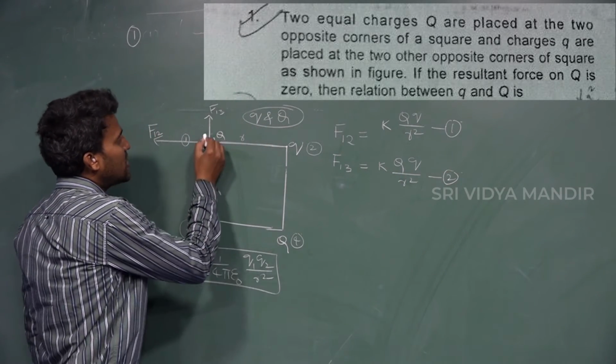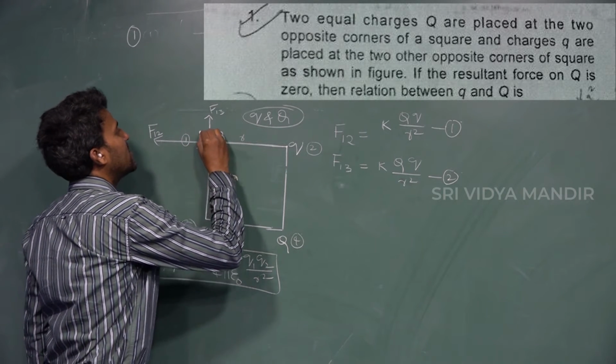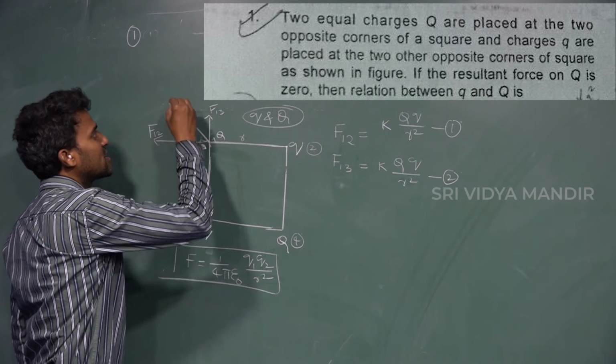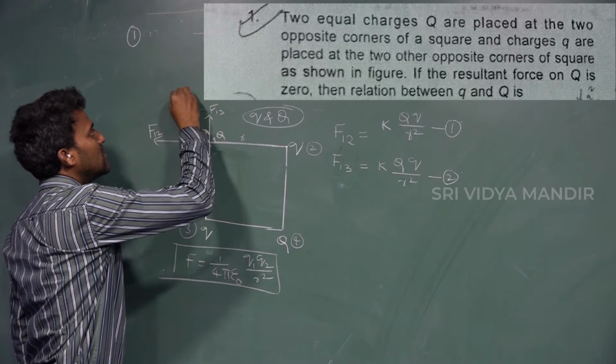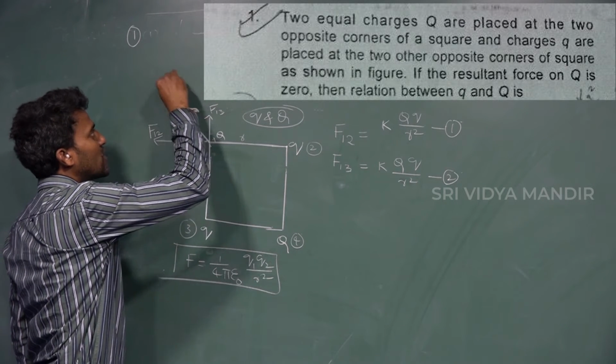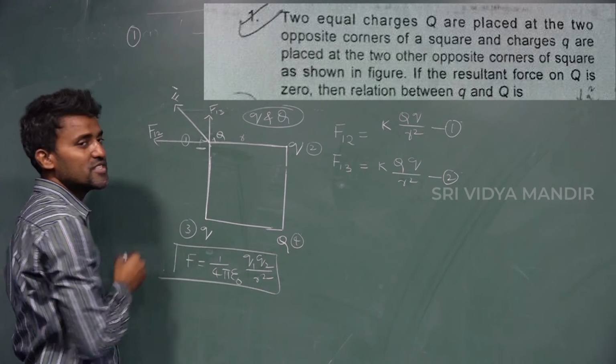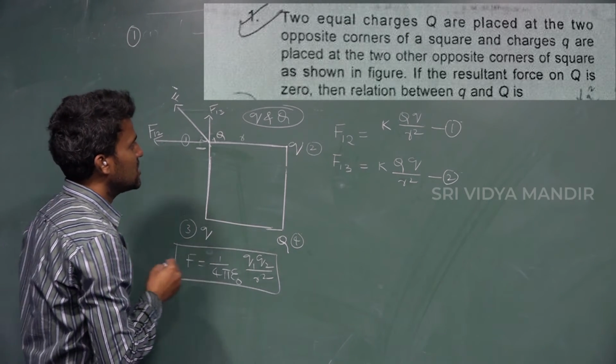Here, what is the resultant of F12 and F13? I am writing that it is the resultant along this direction, and for your understanding I am naming it F dash. F dash is the resultant of F13 and F12.